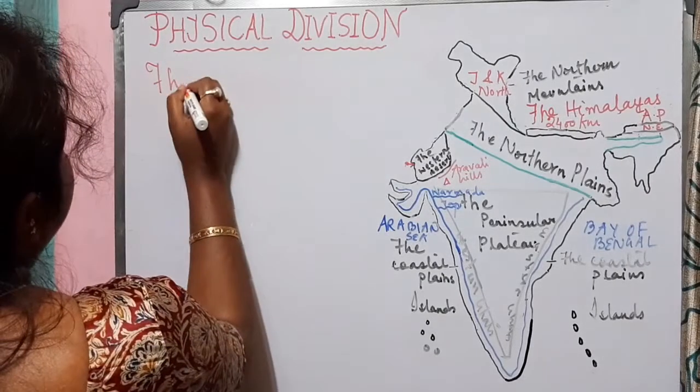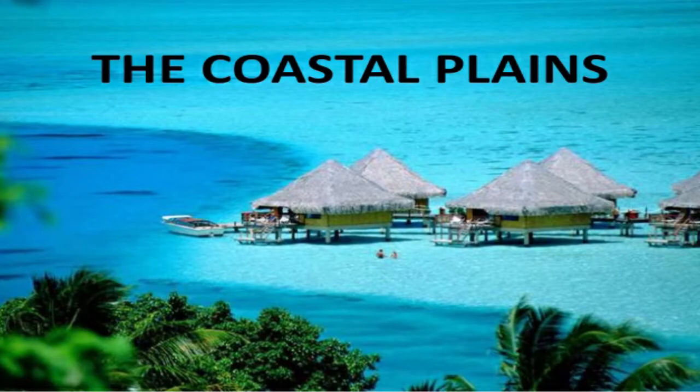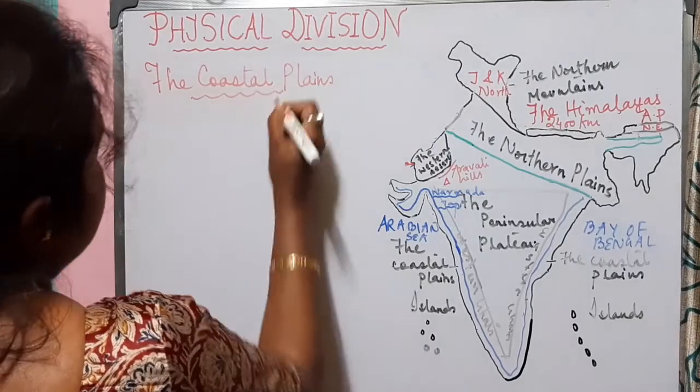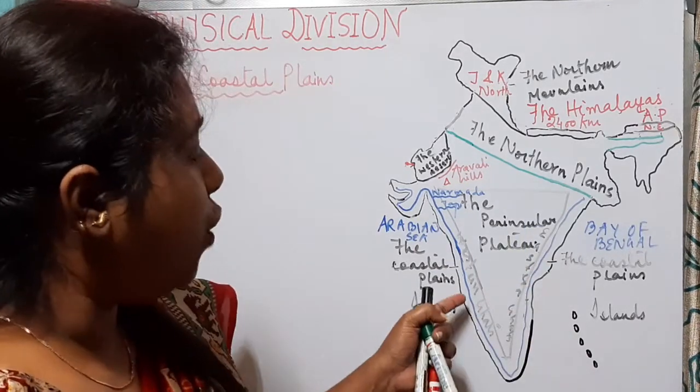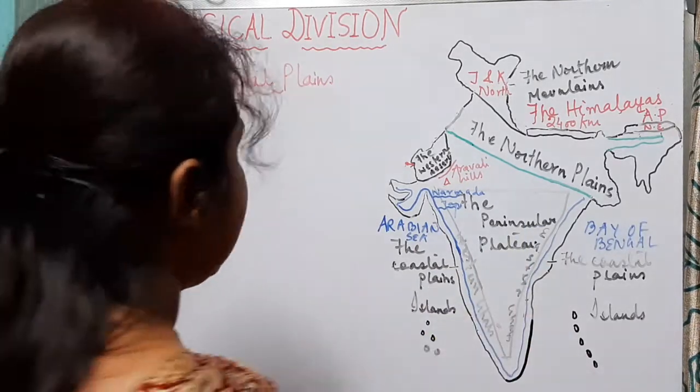The coastal plains. The plateau is surrounded by the narrow coastal plains on the western and on the eastern side.